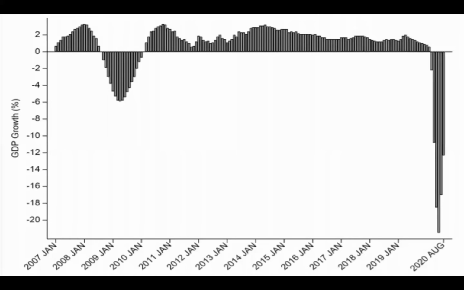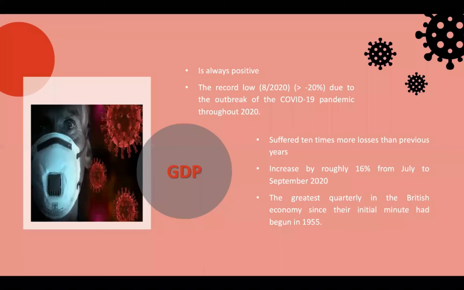And the ONS estimates the British GDP increased roughly 60% from July to September 2020, but this rate has been revised to a first growth of 15.5%. And according to the ONS, this expansion was the greatest quarterly growth in the British economy since their initial records began in 1955.